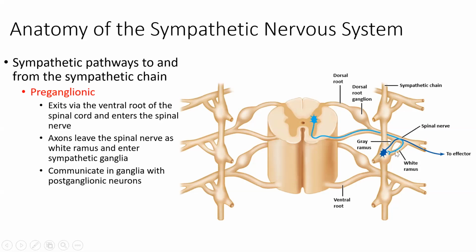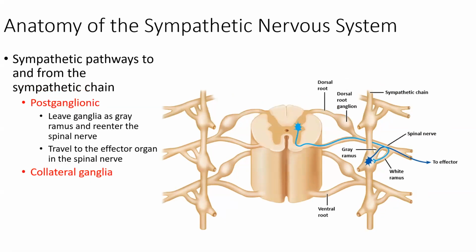And then from this ganglia, it's going to re-enter the spinal nerve, but this time it's doing so as a gray ramus fiber or as an unmyelinated fiber, and then it will head to the effector tissues. So in the darker blue, what we're seeing is that gray ramus or unmyelinated fiber there, okay? And then it'll go to those effector tissues.